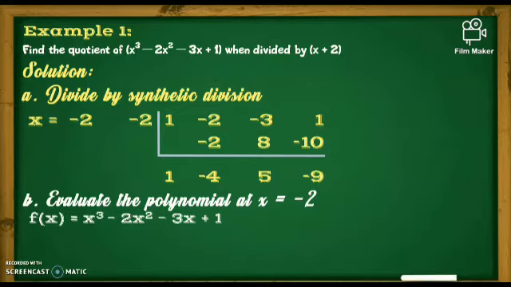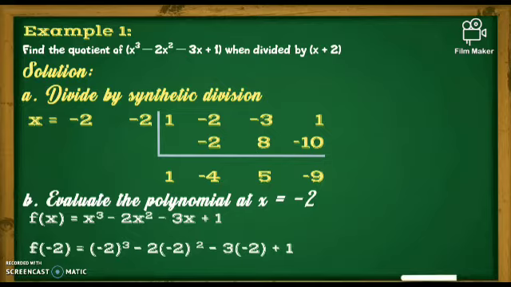Substitute the values of x on all x of the given polynomial. Then it is f of negative 2 is equal to negative 2 raised to 3 minus 2 times negative 2 raised to 2 minus 3 times negative 2 plus 1.